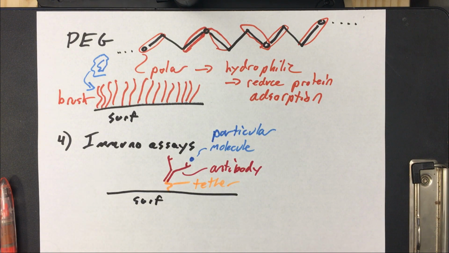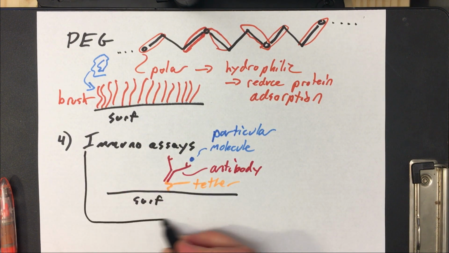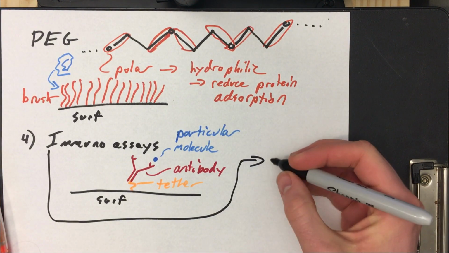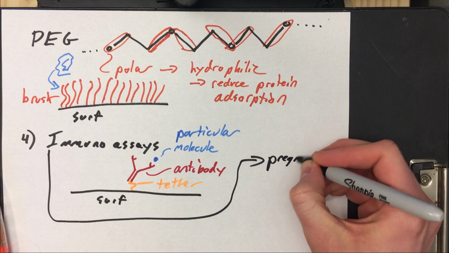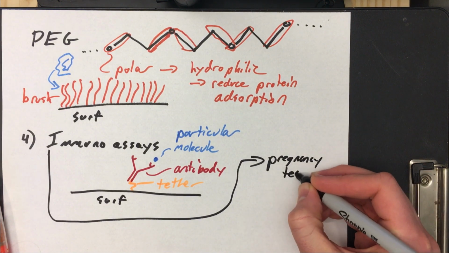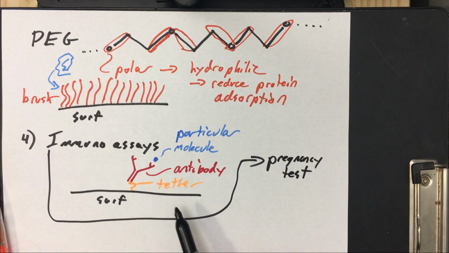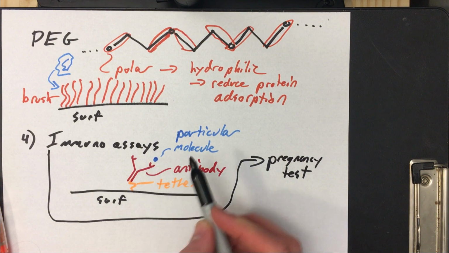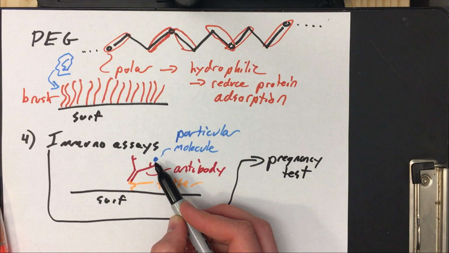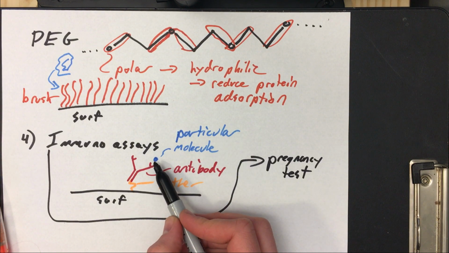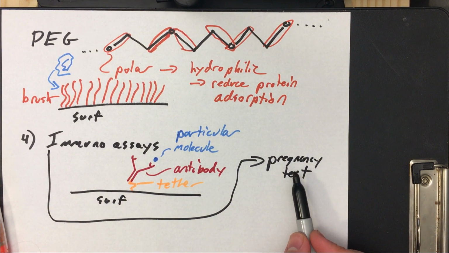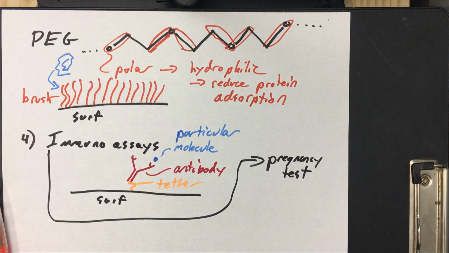So for example, one example of an immunoassay that people might have encountered, or maybe had friends or family members who encountered, is a pregnancy test. So a pregnancy test, there's basically a strip with particular antibodies tethered to the surface, and the antibodies are very sticky to a hormone that really only gets released in appreciable amounts when the embryo has implanted into the wall of the uterus.